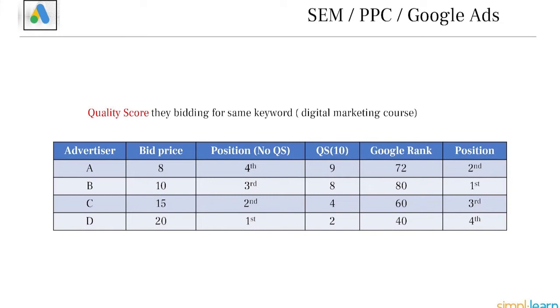I have brought this into a table: suppose advertiser A has bid 8 rupees, B 10, C 15 and D 20. When the quality score concept was not there, they were given direct positions: this one first, this one second, this one third and this one fourth.